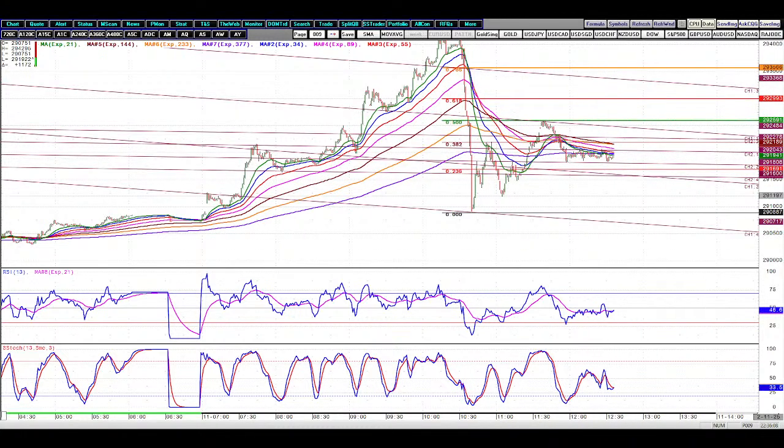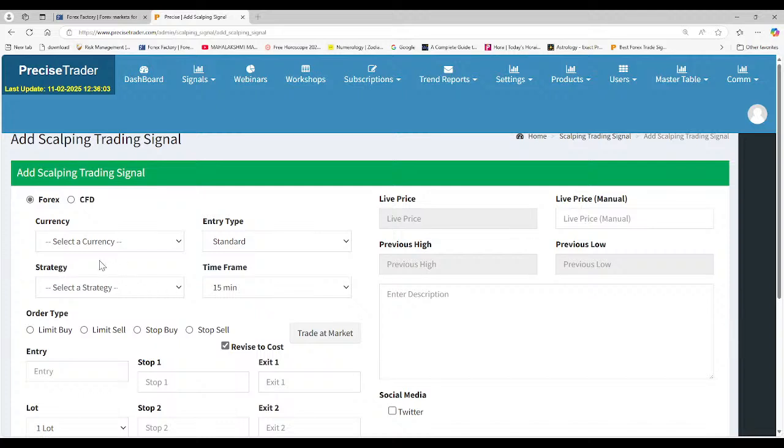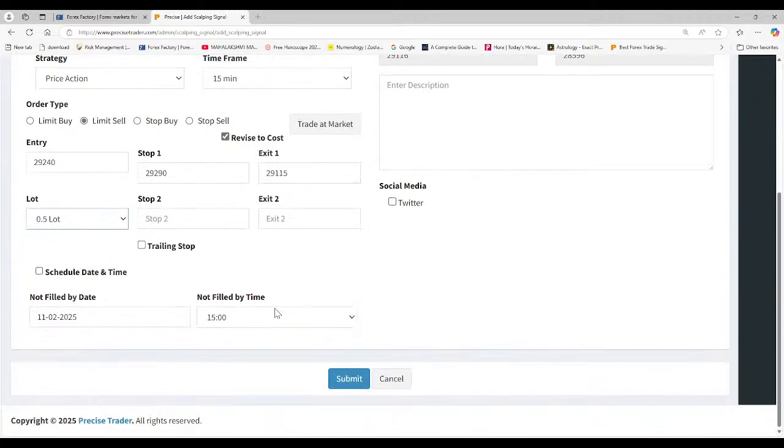I think what we will do, we will try to go for a sell at 2924, 2929, and 2915. Okay, and this is a half lot.